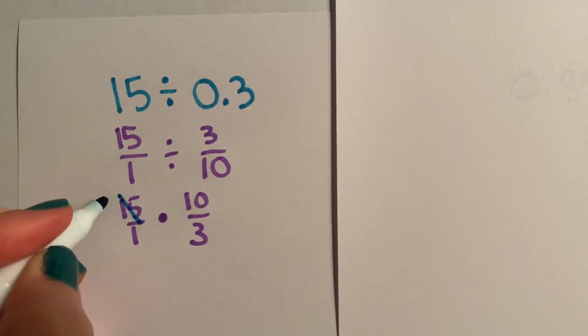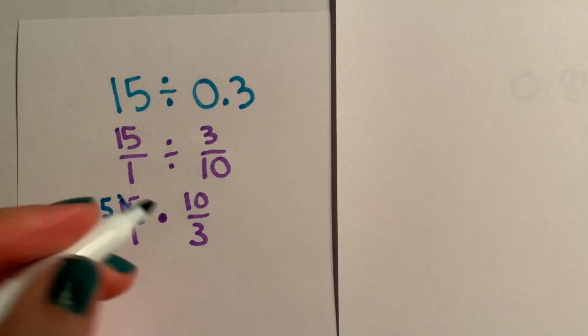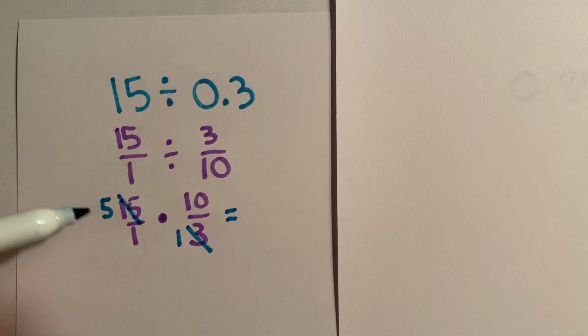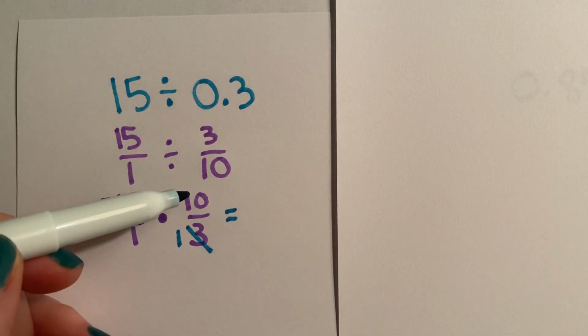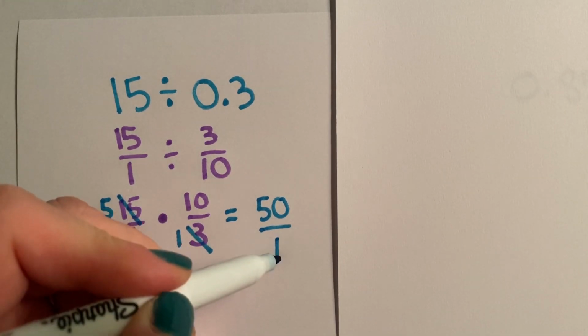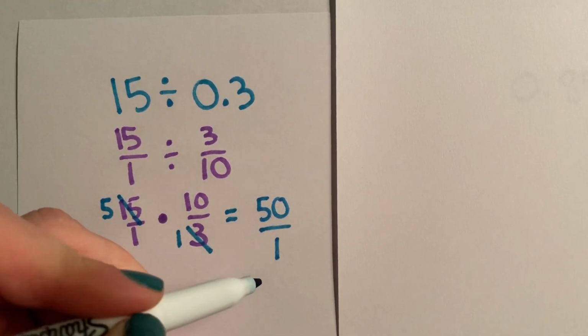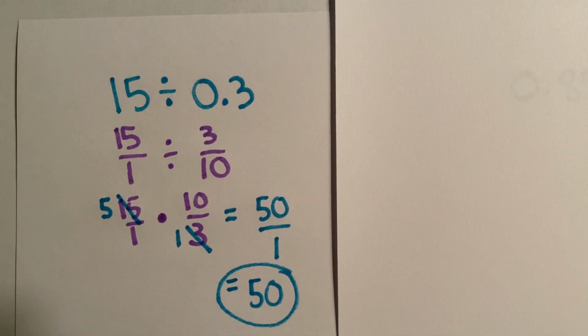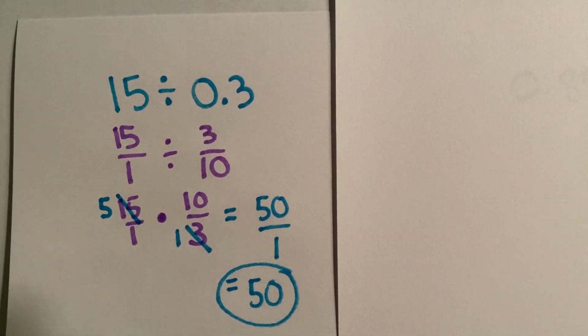So 15 divided by 3 is 5. And 3 divided by 3 is 1. And now when I zip zap, 5 times 10 is 50. 1 times 1 is 1. And 50 divided by 1 is a final answer of 50. Pretty easy. And we just have one more to try.